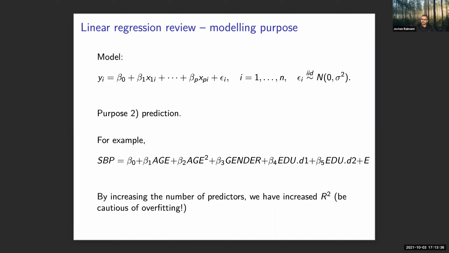Notably, by increasing the number of predictors, we have substantially increased the R-squared, which is defined as the ratio between the explained variability over the total variability. In the context of increasing the R-squared by increasing the number of predictors, we have to be very aware that overfitting is a great danger of this approach.